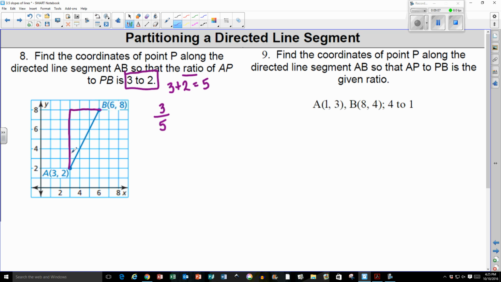So if you take your slope, 1, 2, 3, 4, 5, 6, 6 over 1, 2, 3. And we're just going to multiply the top part by the fraction, because that's my distance, times that. So that's 18 over 5. And then we're going to do the same thing down here. We're going to multiply it by 3/5. And that becomes 9 over 5.